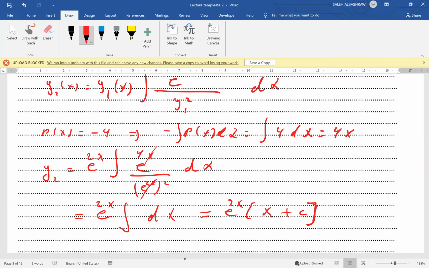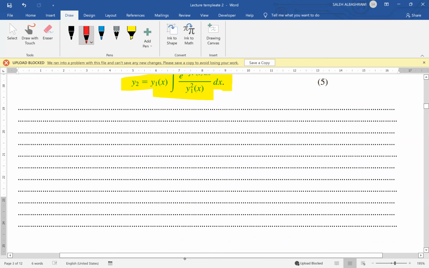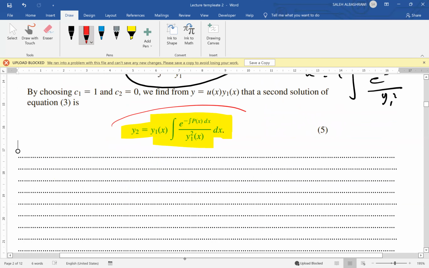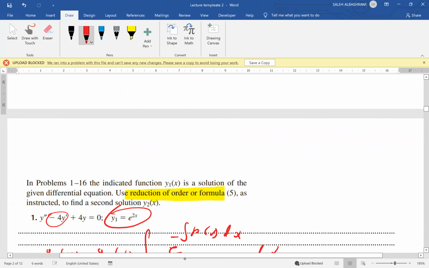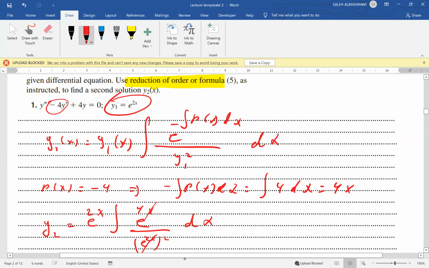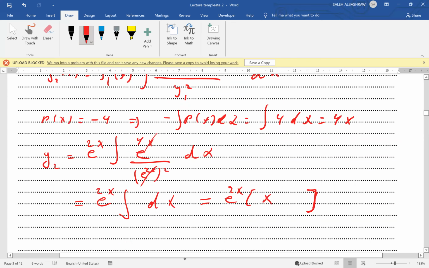But since I don't need the constant, if we go back to see the formula for the second derivative, see this one only, the constant will be left later on. So there is no constant. I will just write it as x. So the second solution is equal to x e to power 2x.